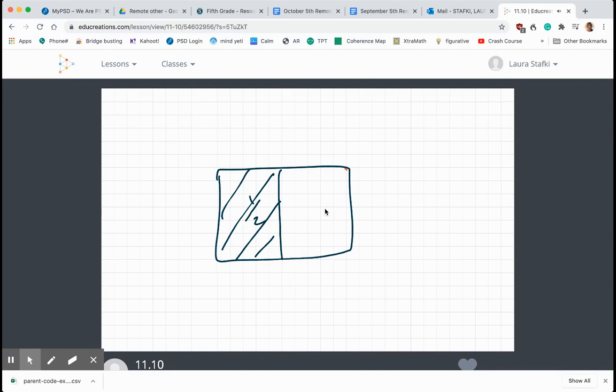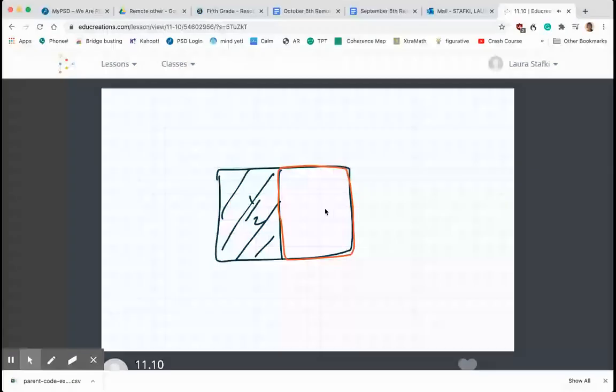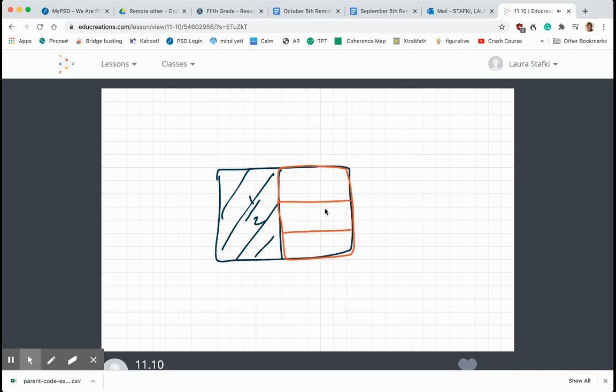So this is the leftover half, and 3 people are going to share it equally. So I have 1/2, and I just divided it by 3. Each person would get 1/6 of the whole pan. So the equation I would write would be 1/2 divided by 3 equals 1/6.